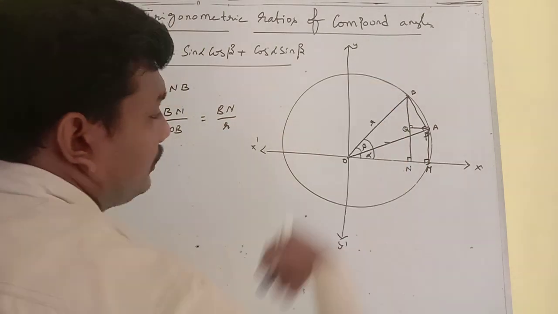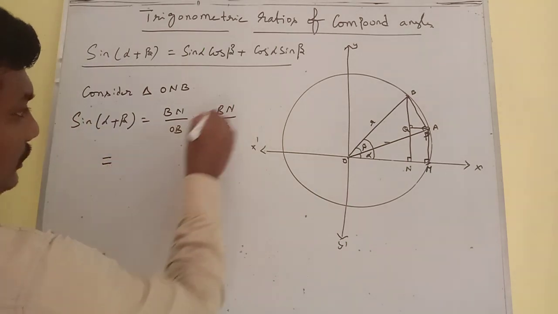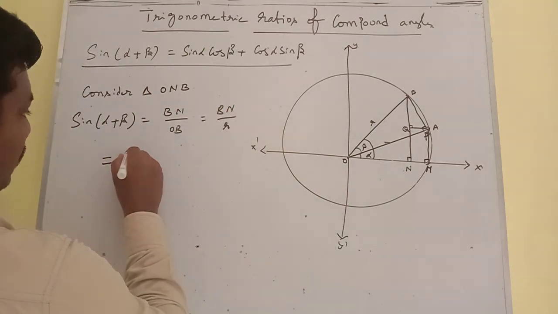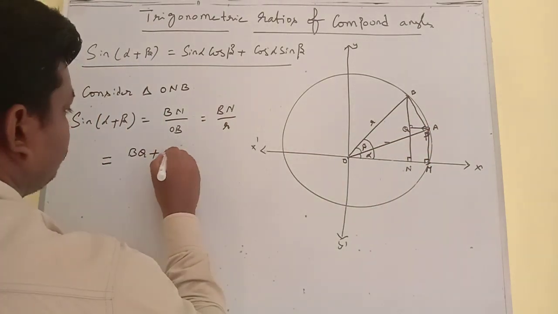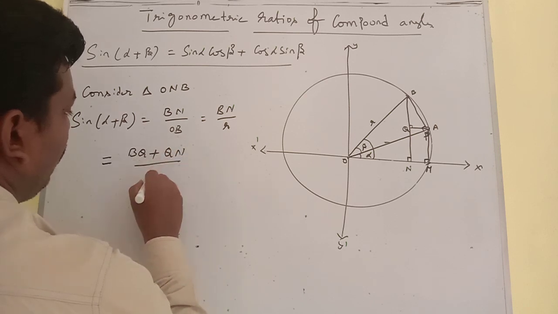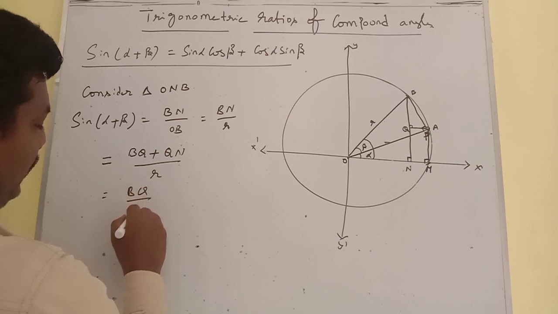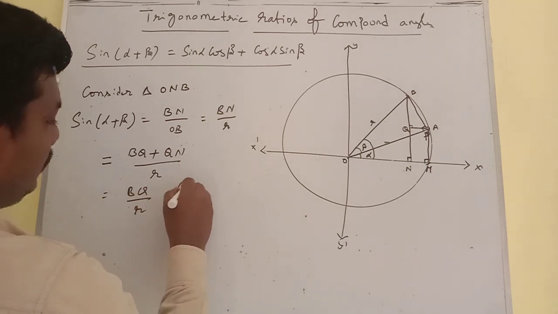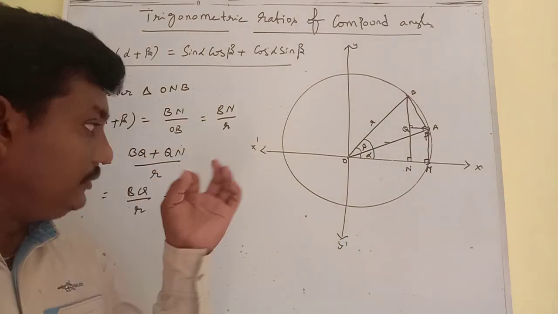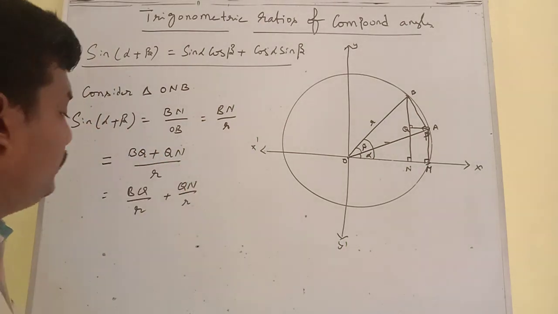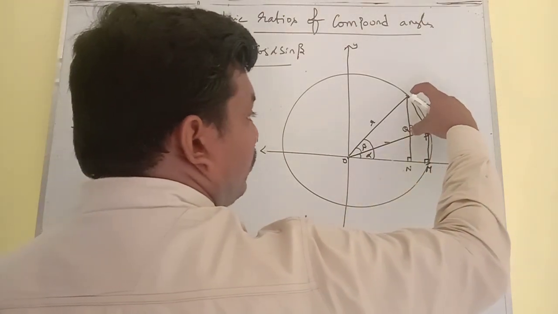Now BN can be split into two parts: BN can be written as BQ plus QN, by r. So BQ by r plus QN by r; we split the fraction like this. BQ is this one.